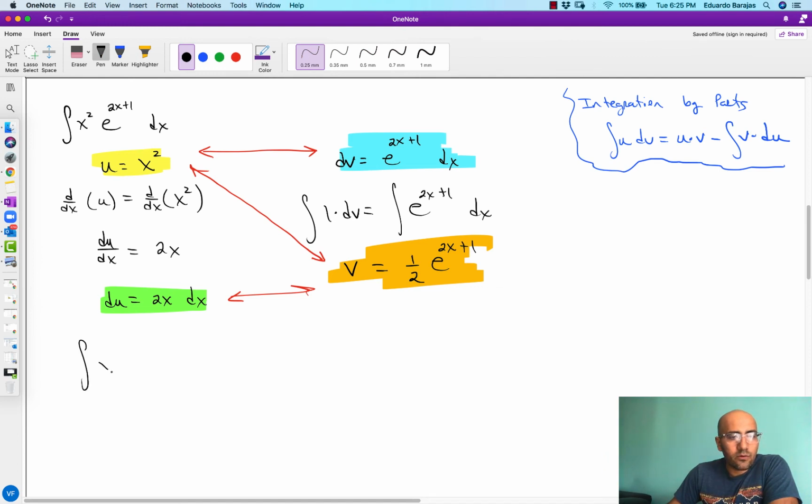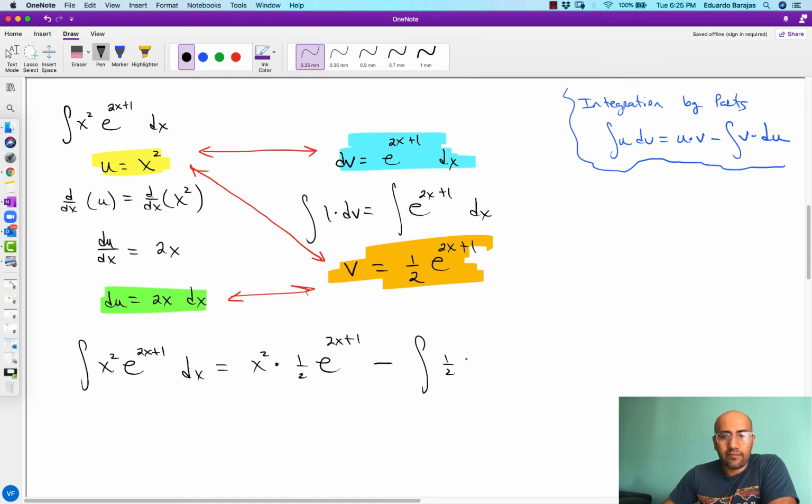This is the integral of x squared e to the 2x plus 1 dx. It's going to be equal to x squared times 1/2 e to the 2x plus 1 minus the integral of 1/2 e to the 2x plus 1 times 2x dx.